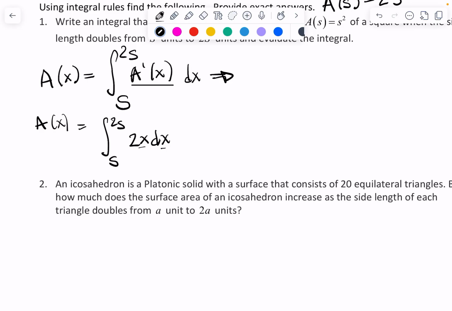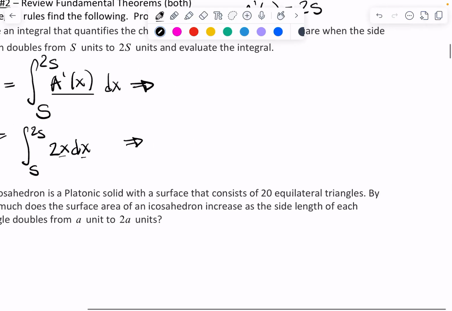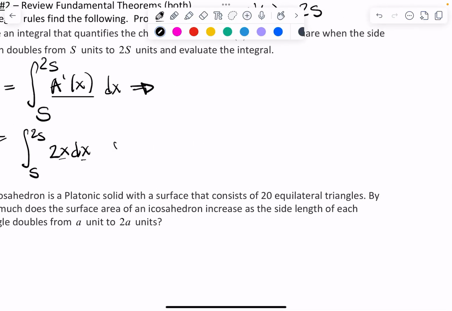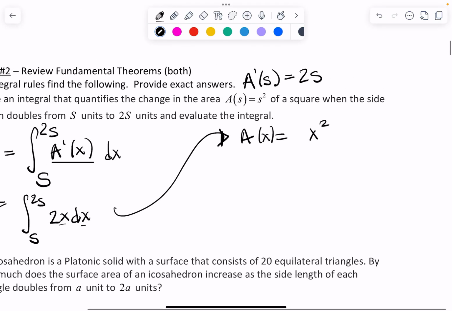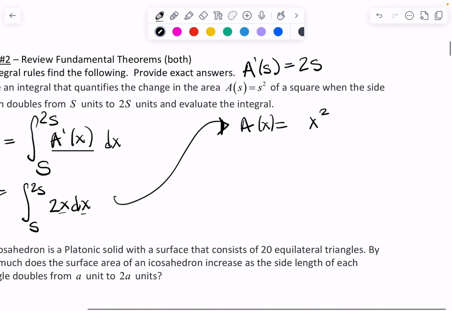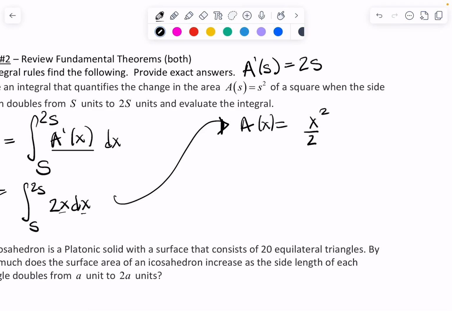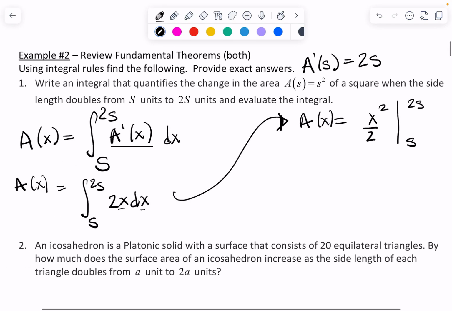So now we're going to integrate. What does that lead me to? My area is equal to, I'm going to integrate, I'm going to get x squared over 2, evaluated at 2s and s. Is that okay?